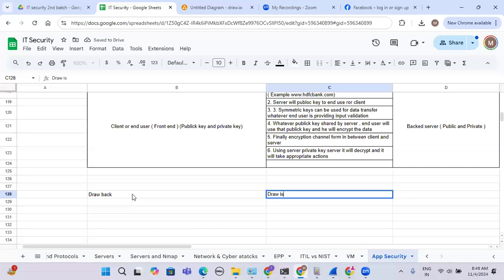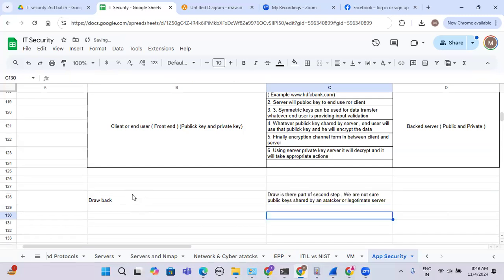The drawback is in the second step. We are not sure whether the public key is shared by an attacker or the legitimate server.